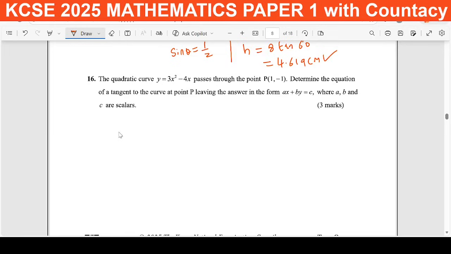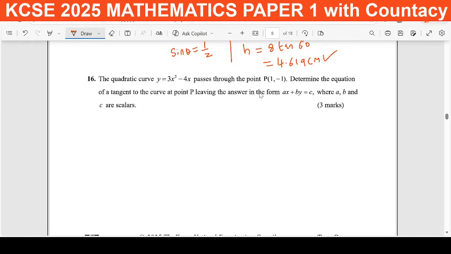So what we have here is a quadratic curve of this nature, passing through the point P, 1, negative 1.